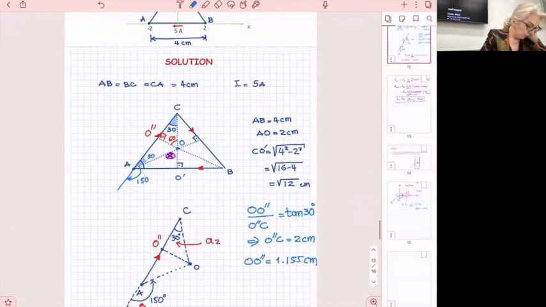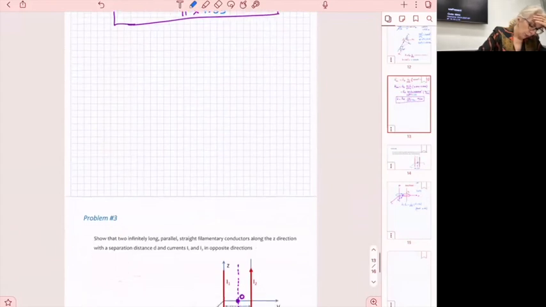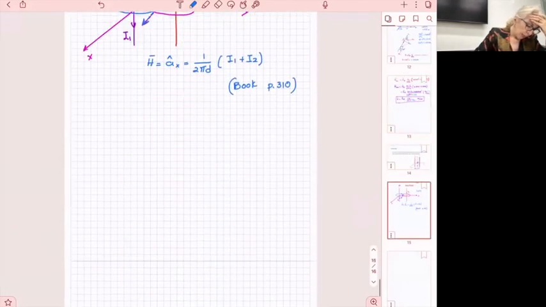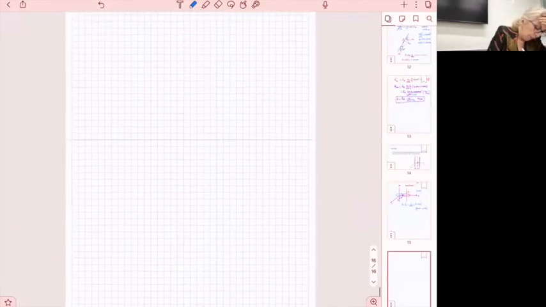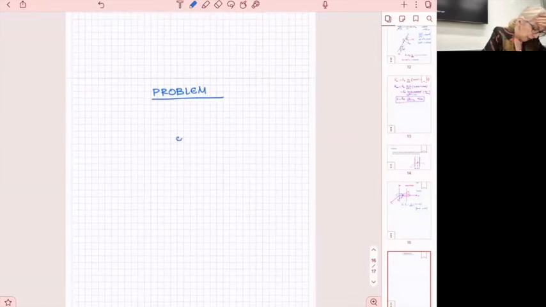I could give you some problem like this with charges, but with 3 point charges. So for example, another problem. Let's assume that you have an equilateral triangle, but you have 3 point charges like this, and you would like to find the field at the center.